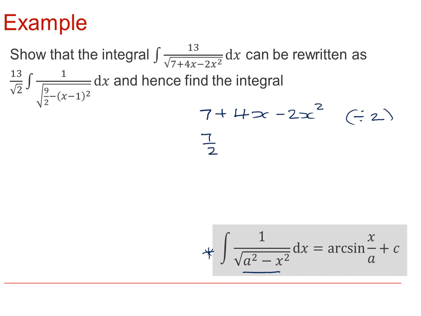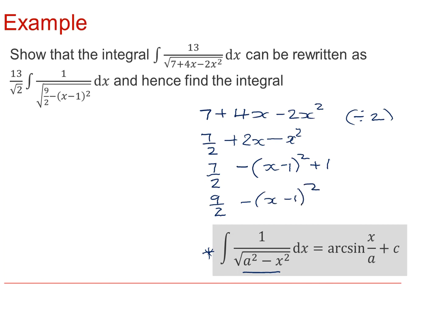So if I look at 7 over 2 plus 2x minus x squared, I notice that I can complete the square, and that this will give me 7 over 2 minus (x minus 1) all squared, and then I've got to be careful with signs here, but plus 1. This would give me then 9 over 2 minus (x minus 1) squared.